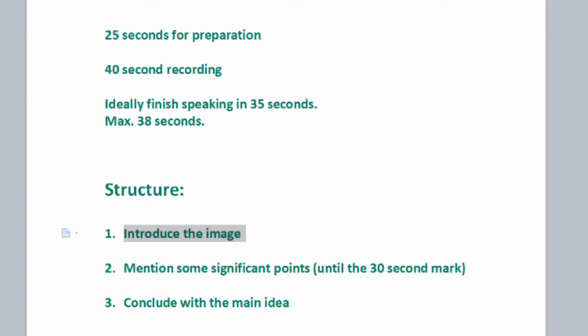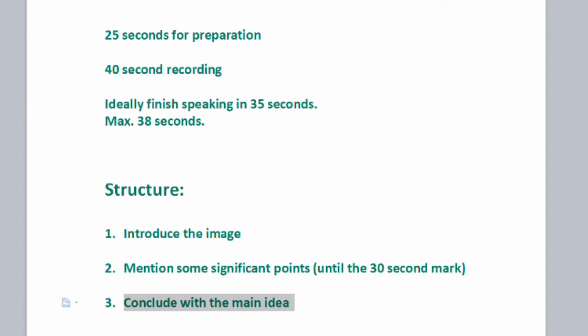The next thing you need to do is look into the details and find some significant points that you can mention about the image. And unlike the introductory sentence, which will be just one sentence, you have to find multiple points with which you can speak until the 30-second mark. And then finally, you have your conclusion. Your conclusion will be the main idea of the image.